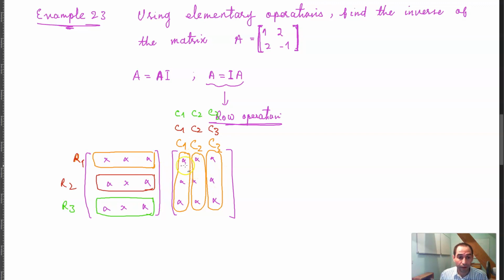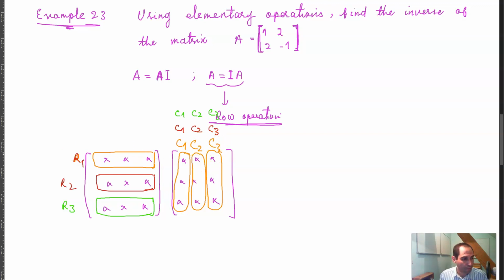That means the row operation can be done on the matrix on the left in the multiplication. The column operation can be done on the matrix that is on the right in matrix multiplication.